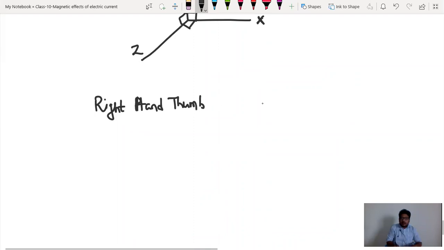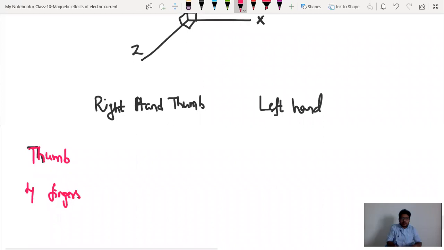While coming to the left hand rule, what we have?